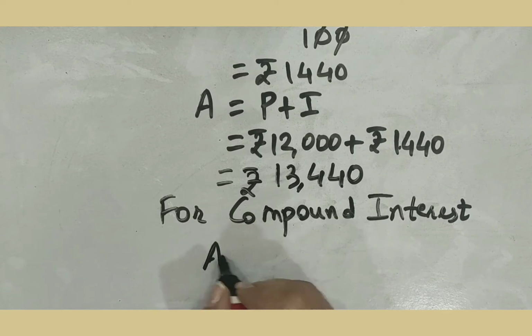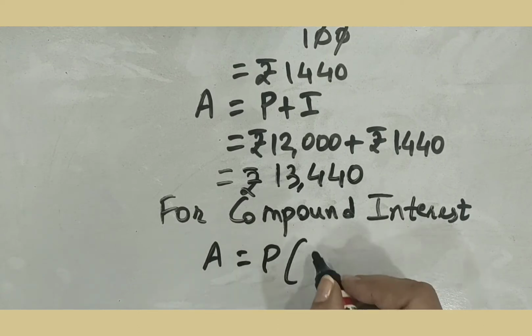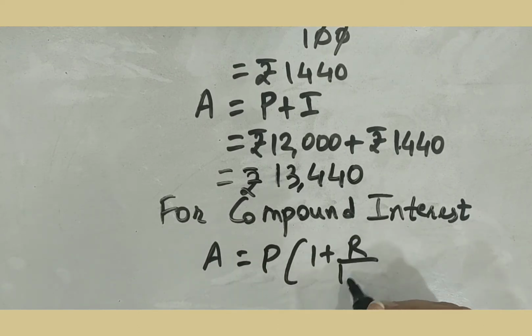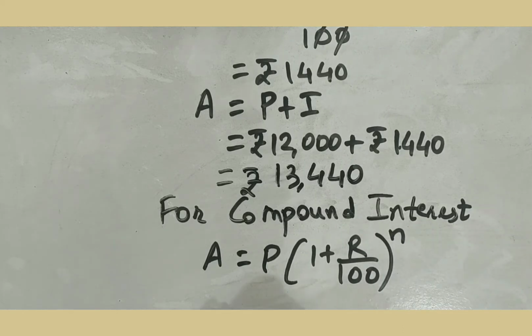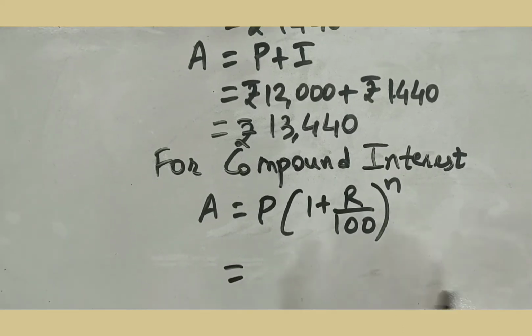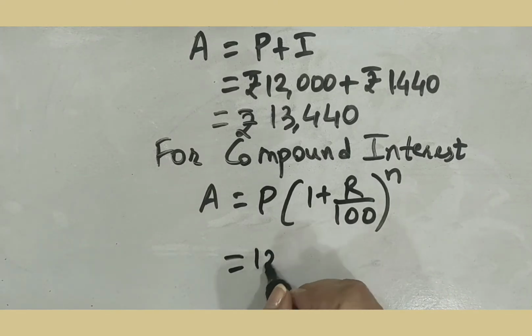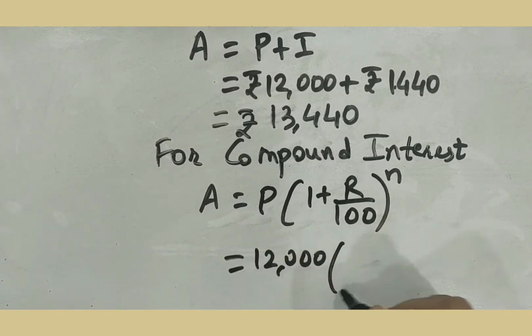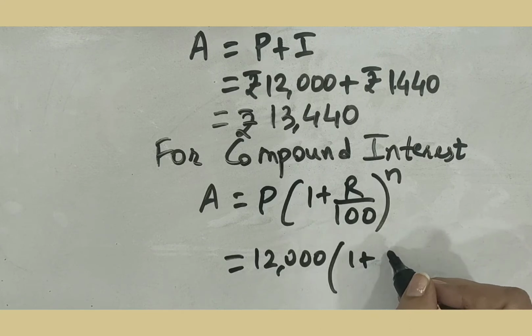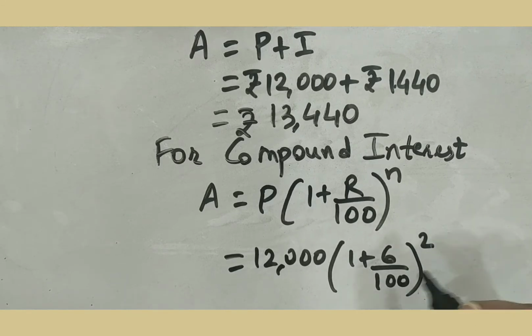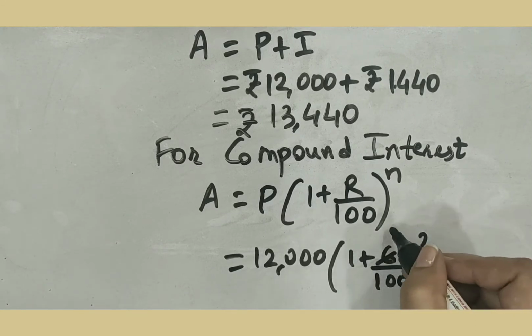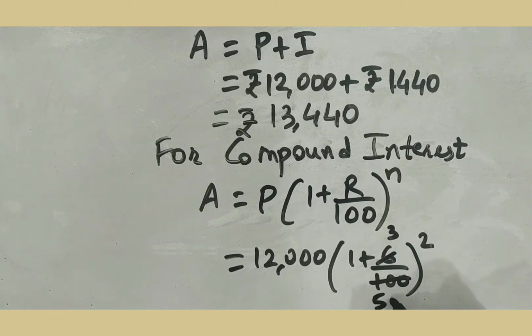So for compound interest, my amount will be equal to P into 1 plus R upon 100 whole raised to N. So that will be equal to, my principal is 12,000, 1 plus rate is 6 upon 100 whole square. Now here both are divisible by 2. So I'll get 3 and here I'll get 50.